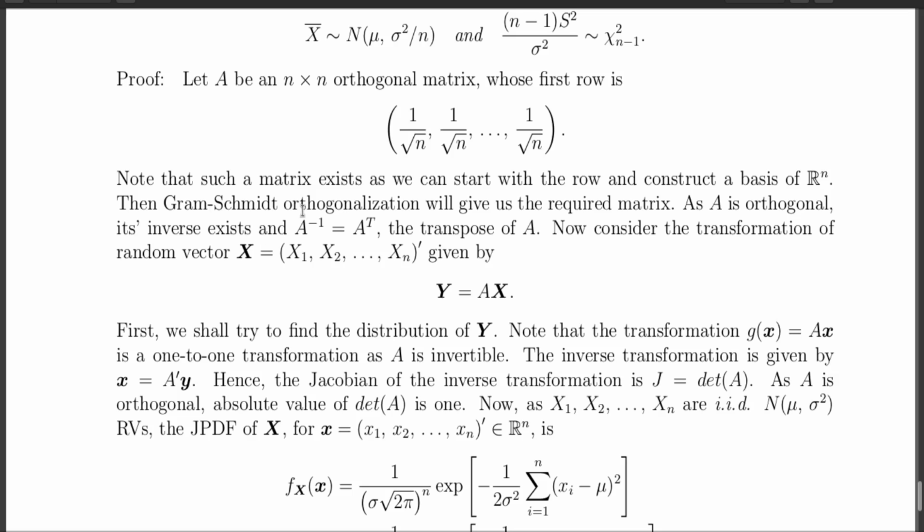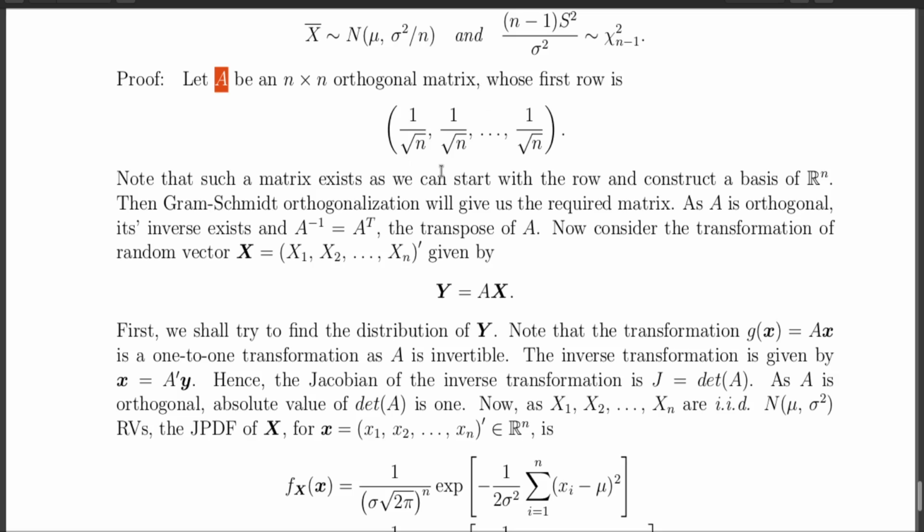Okay, clear? The natural question is: does such a matrix A exist? The answer is yes. Why? Because I can start with this vector and extend it to a basis of R to the power n, and then on that collection of vectors, if I run the Gram-Schmidt orthogonalization, I will get the matrix A. So this kind of matrix exists, whose first row has all entries equal, and A is an n cross n orthogonal matrix.